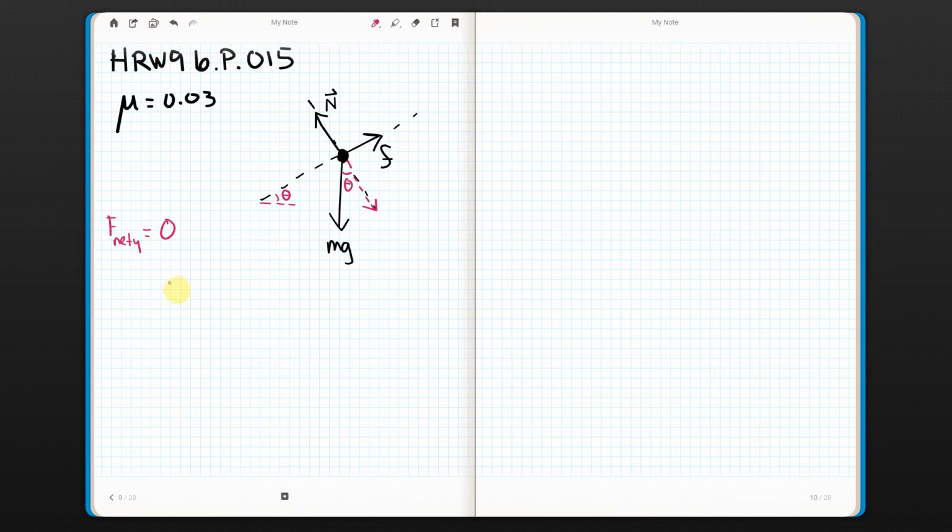Otherwise, we'd have eggs levitating off the pan or sinking through the pan. That's just not going to happen. So the net force is the normal force up minus this pink thing. So this is mg is the hypotenuse, and then I'm looking for the side that's adjacent to this angle theta, so it's going to be a cosine theta. Okay, so N minus mg cosine theta equals 0. So the normal force equals mg cosine theta.